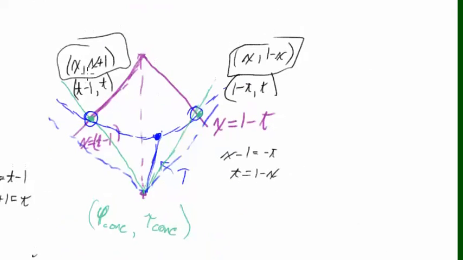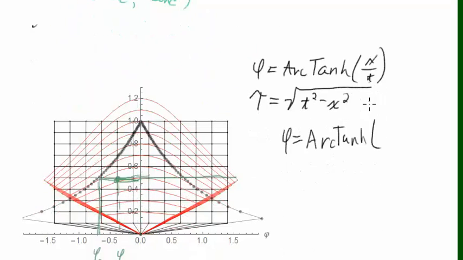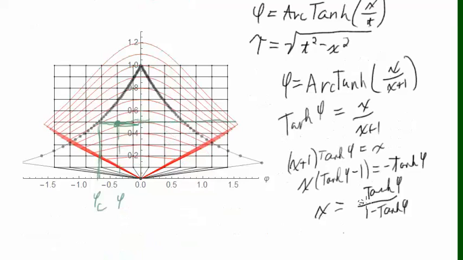What do we say? x comma x plus 1. So x over x plus 1, which gets turned into tanh phi equals x over x plus 1, which can be solved as x equals hyperbolic tangent of phi divided by 1 minus hyperbolic tangent of phi. Why is that not helpful?